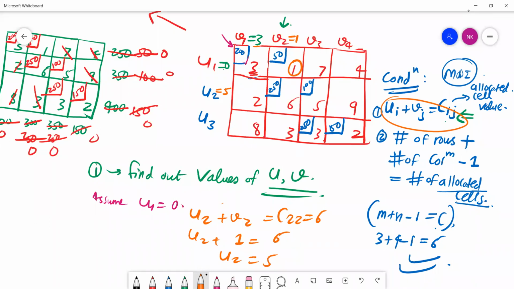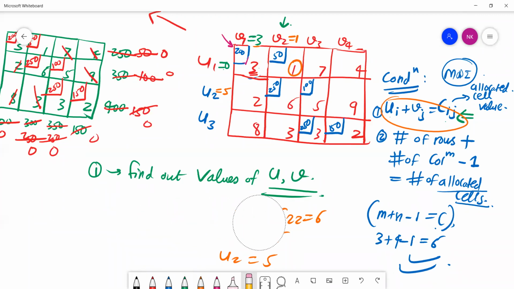Now, which is the next variable that we can find out? Sir, V3. Correct. V3. We can find out V3. Why can we find out V3? Because we are having over here the allocation to the cell of C23.